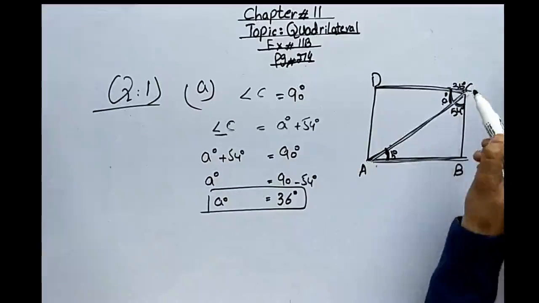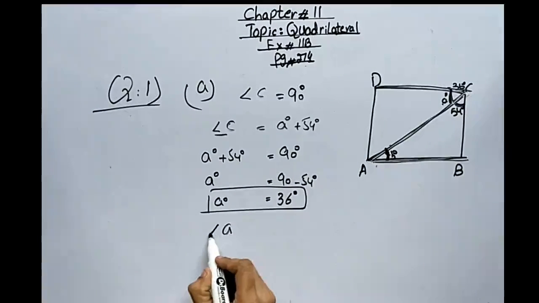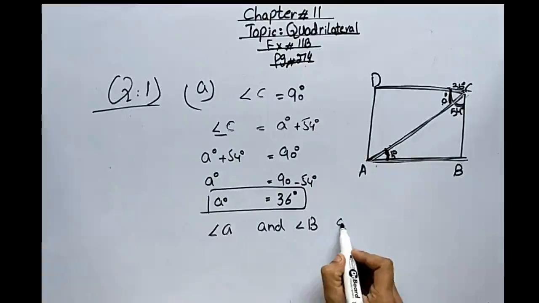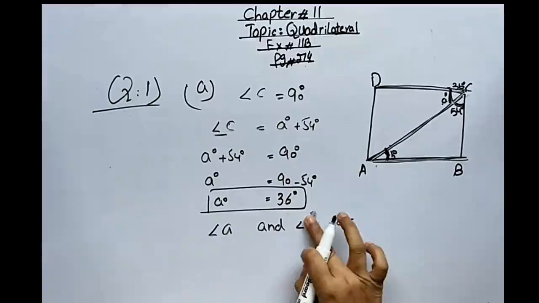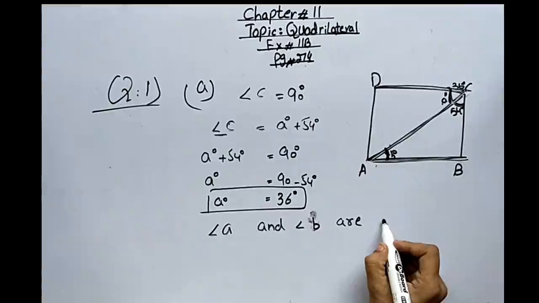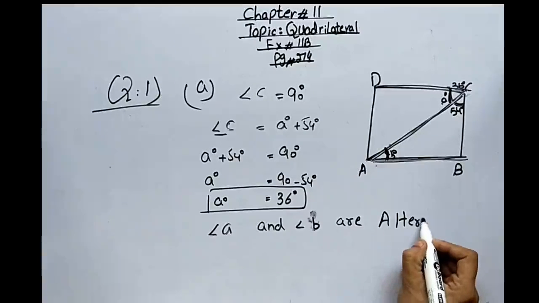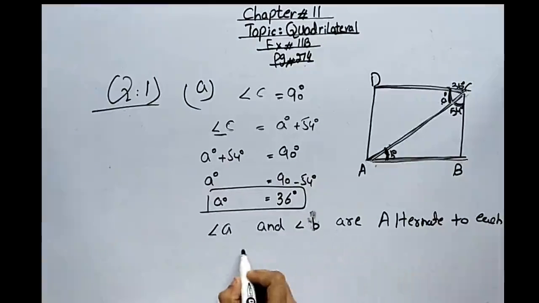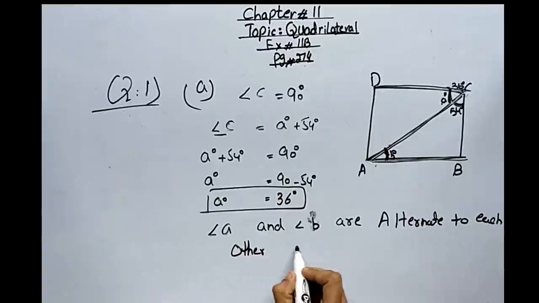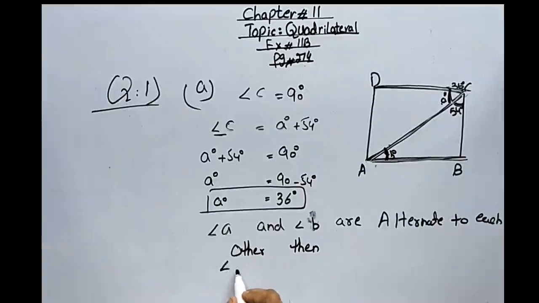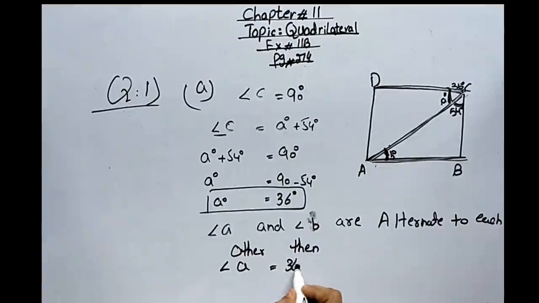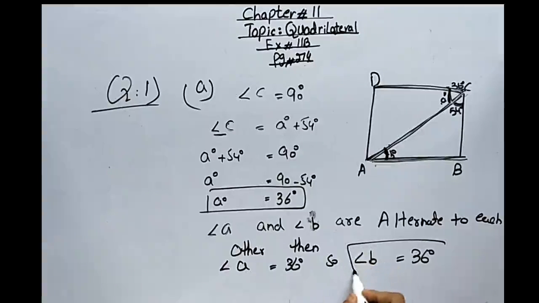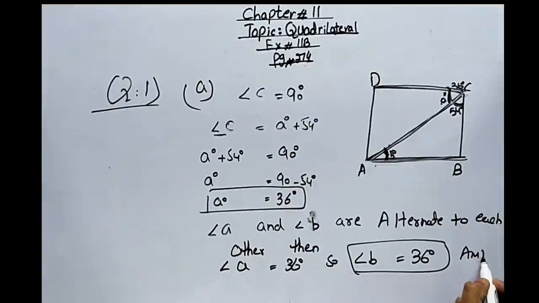So angle A and angle B are alternate to each other. You will write that here first. Then angle A is equal to 36 degrees, so angle B must be equal to 36 degrees. And this is your final answer. Got it, beta?